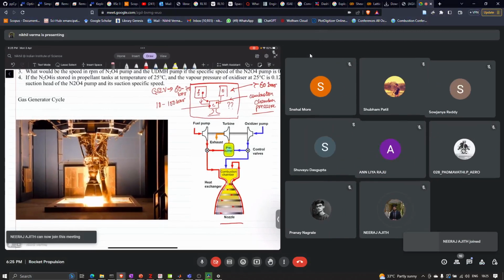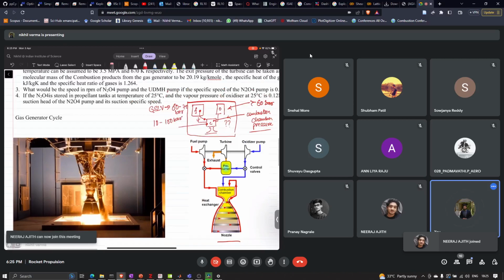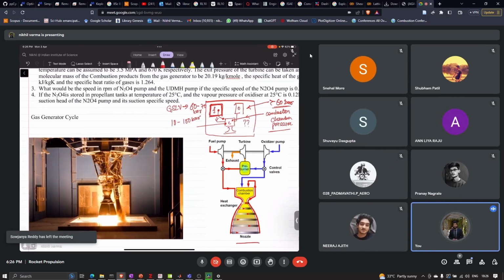And to store the fuel at such high pressures, we will need very thick walls, which will increase the mass of the rocket, and eventually it will reduce the payload mass, right? So we cannot have a system which can store the fuels in just the tank at such high pressures.